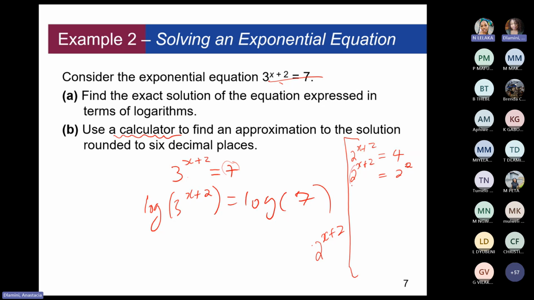Then we know the bases are the same, so we say x plus 2 is equal to 2. That's what we used to do, isn't it? Then x is equal to 2 minus 2, so x is equal to 0. Are we all together there?